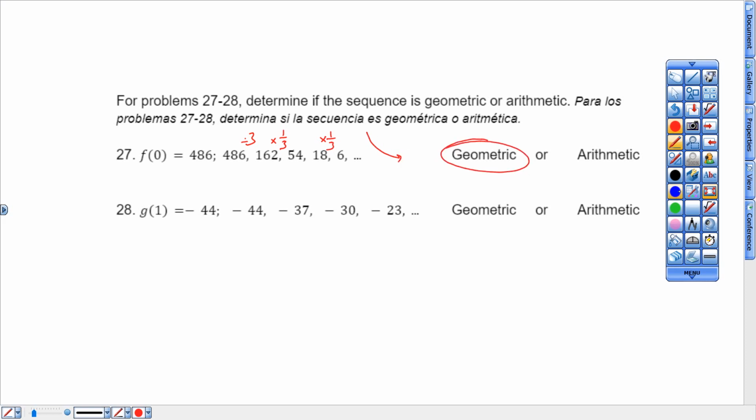This guy right here looks like I'm adding 7, adding 7, adding 7, going from left to right. This is going to be a straight, arithmetic line, going up by 7, straight line. All right, moving on.